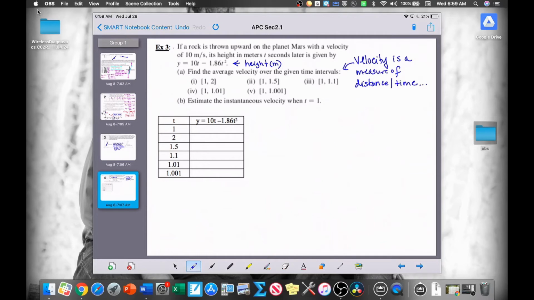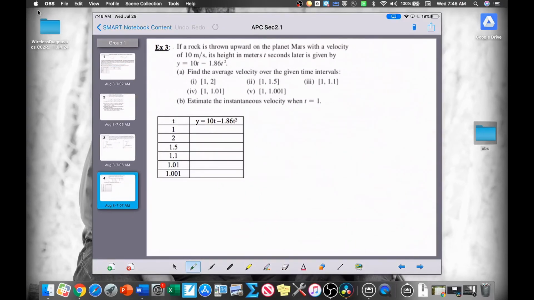And finding average velocities means finding slopes. All right, so the next thing that I'm going to do is fill in the table of values here by plugging the t values into the function y equals 10t minus 1.86t squared. So this is just calculator work.